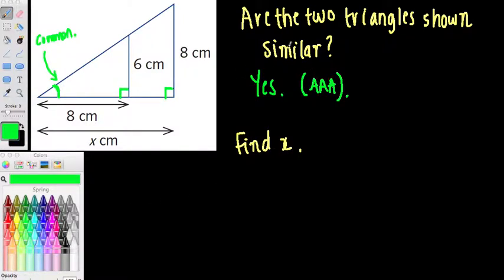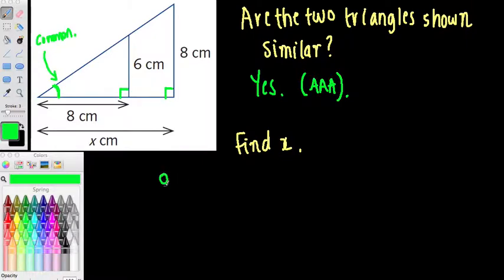A little bit more challenging is how to find x now. Now that I know that they are similar, I need to set up a ratio. So let's start with the two sides that I've been given, because as you can see, I can't compare these last two sides yet because this x is unknown. So let's look at this side here, the 8 and the 6.